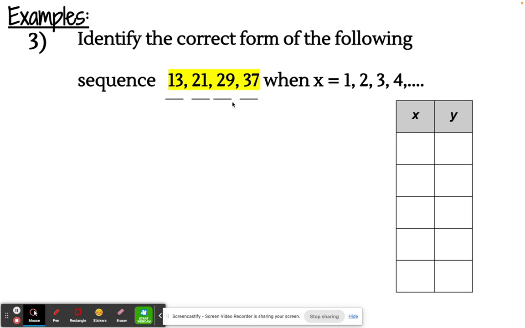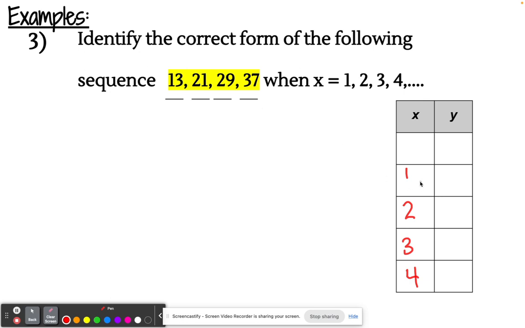Let's look at my next example. I have 13, 21, 29, 37. However, you'll see that it says when x is 1, 2, 3, and 4. It does not give me a 0 term, so it's calling this my first term.